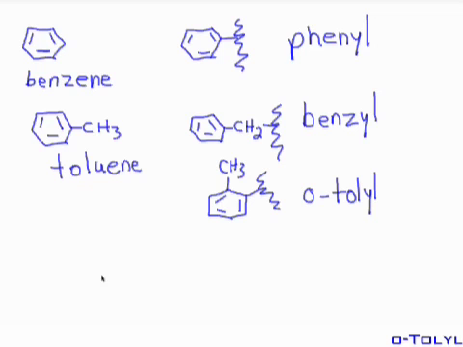Let's look at some other substituents that you can get off of a side chain. Well, we can get all of the halogens off. If we get the halogens off of a long side chain, what do we call a halogen substituent?